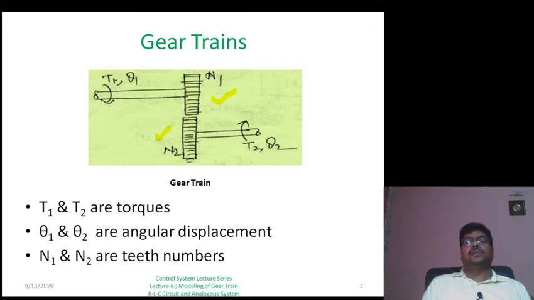And the second gear has a number of teeth N2, and in this gear the torque developed is T2 and displacement is theta 2. And these parameters are related like this.